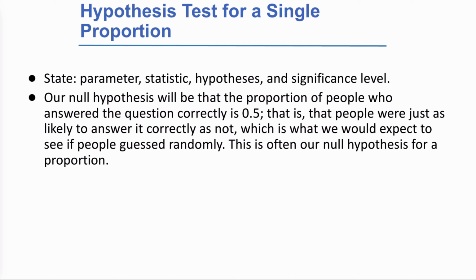So our first step for a hypothesis test is to state the parameter, statistic, hypotheses, and significance level. So our parameter is the proportion of, I think this was all Americans, or possibly all American adults, but let's go with all Americans, who would correctly answer the question.